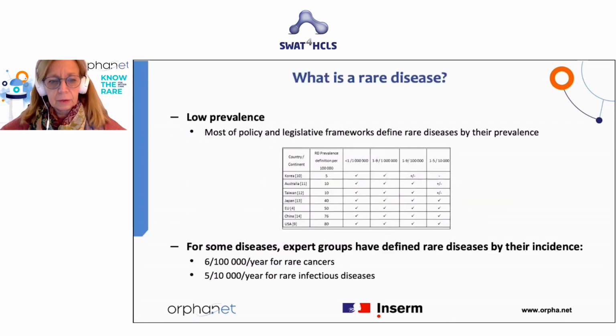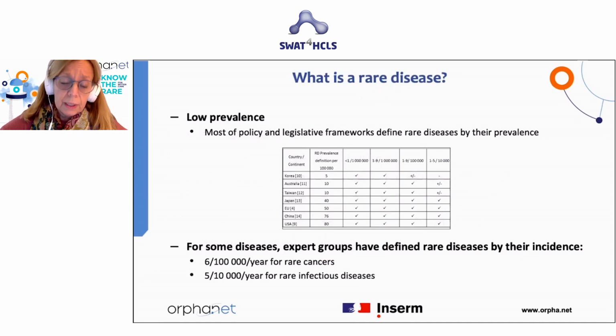So we will start with the first challenge, that is defining rare diseases. And that is not trivial at all. You see in my slide that in different geographies, you have different definitions. So from the beginning, we are not on the same page across the world.